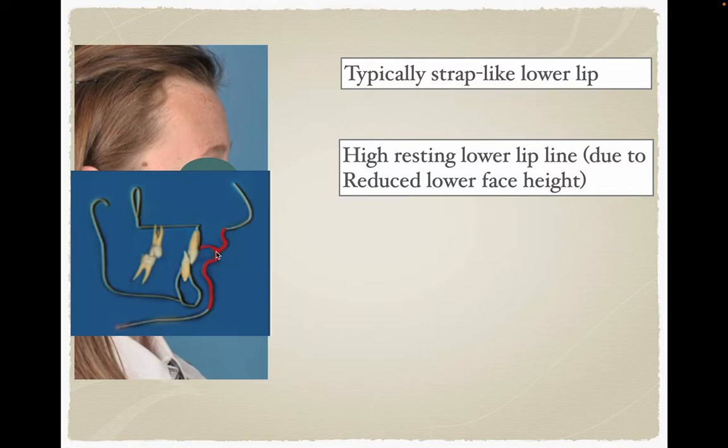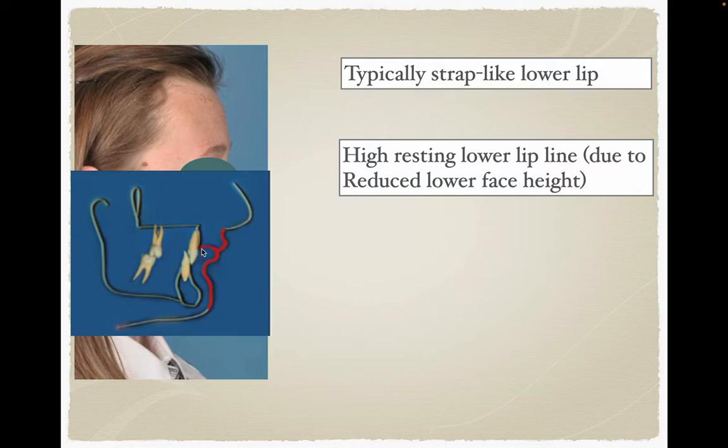Usually the lower lip, when the patient is at rest, covers only the incisal third of the upper incisors. But in class 2 division 2, because the patient has a reduced lower facial height, this lip will be resting high up on the central incisor, at the level of the gingival third of the crown.